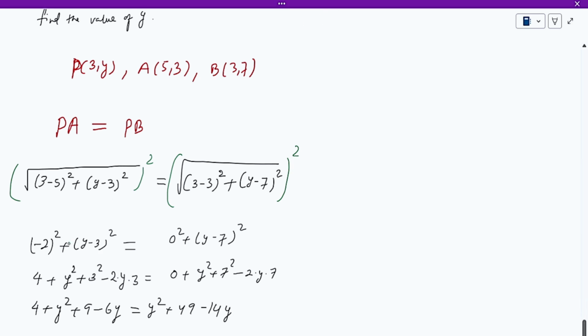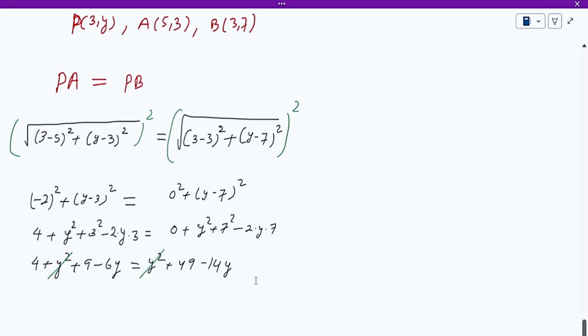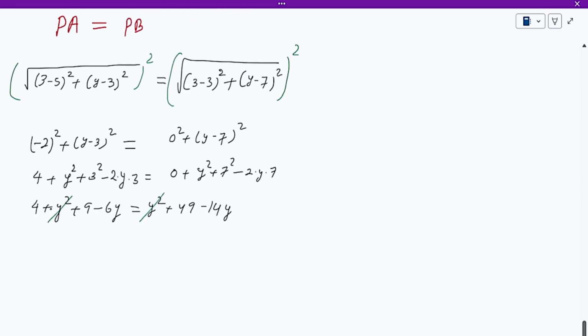You find that this y square on the left and y square on the right can be cancelled, because if you shift this to this side, y square minus y square will become 0, right? So now we are left with the left side as 9 plus 4, 13 minus 6y, and the right side 49 minus 14y, which is a linear equation in one variable.